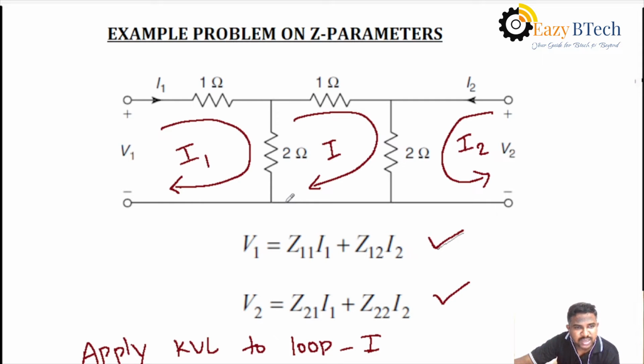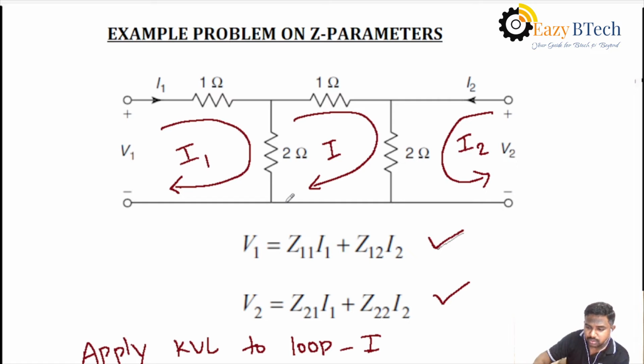That's why (1 plus 2) into I1. But 2 ohms is also a mutual element. That is, 2 ohms also belongs to the second loop. That's why I1 and I both are passing in reverse direction through 2 ohms. That's why the other drop with respect to current I is minus 2 into I.